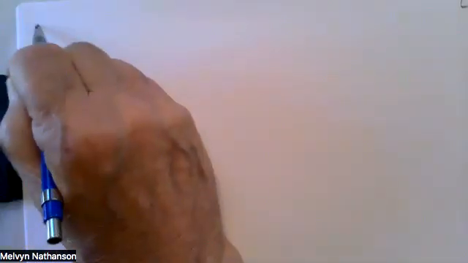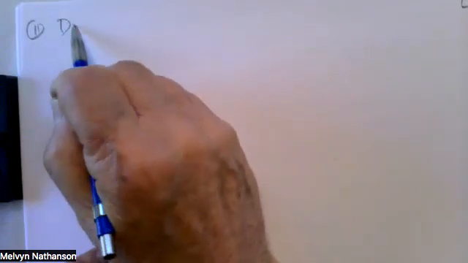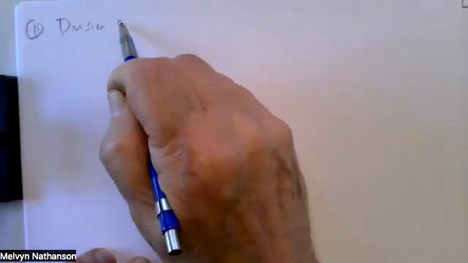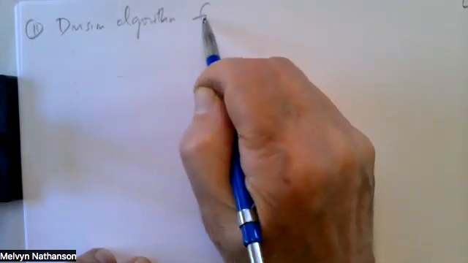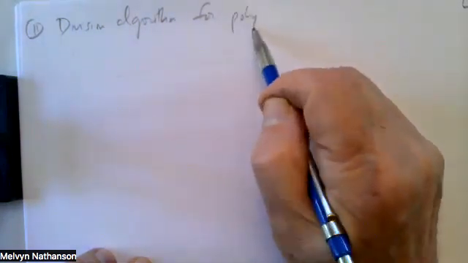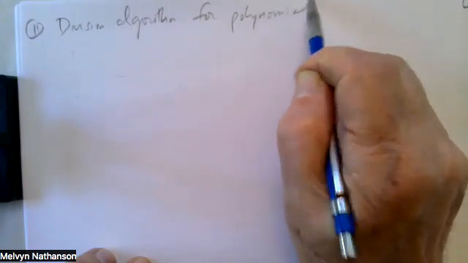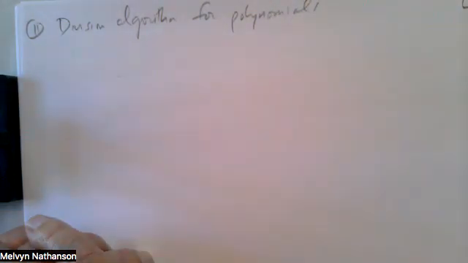After problem 10 comes problem 11, which is the division algorithm for polynomials.